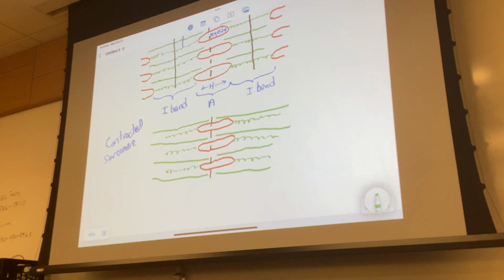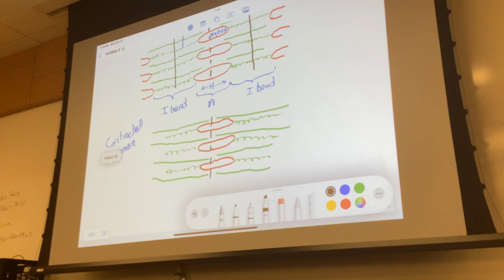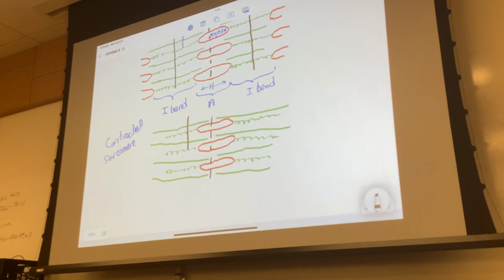Okay? The one difference between a relaxed sarcomere and a contracted sarcomere is that the sarcomere itself just goes like this. The entire sarcomere contracts fully. And so what does that look like? Let's see here.